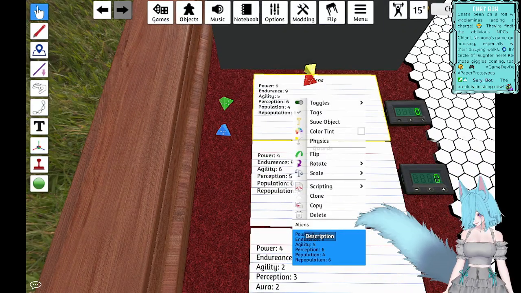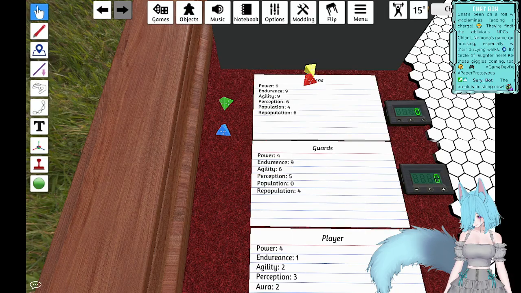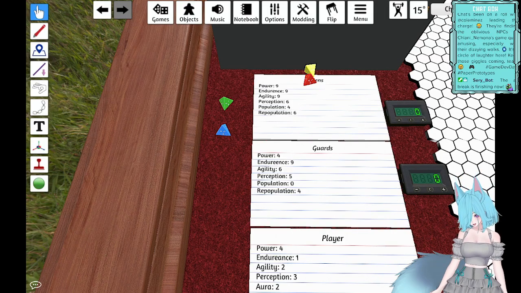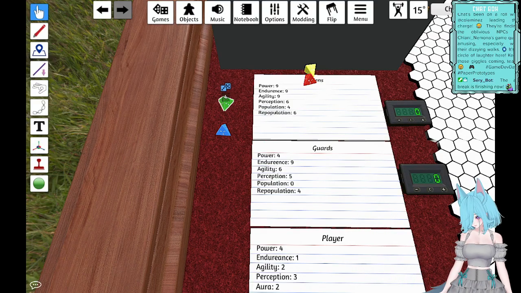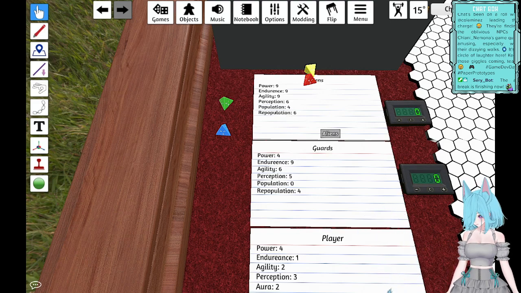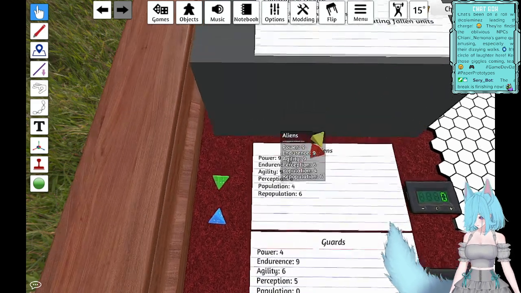Are the aliens just getting 9 across the board? No. They're gonna have a perception of 10.